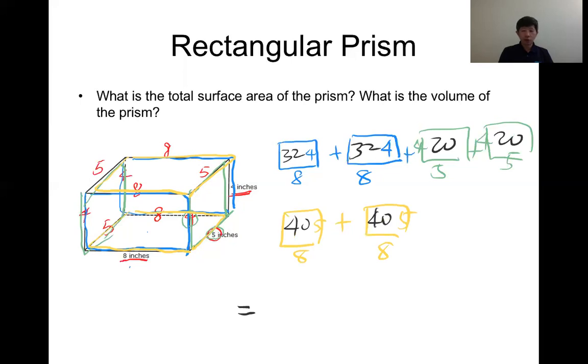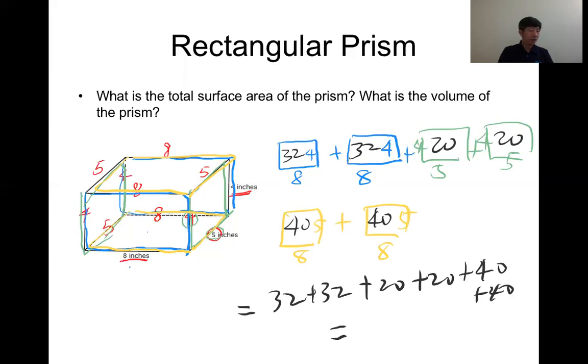So we have 32 plus 32 plus 20 plus 20 plus 40 plus 40 all together, and the total is 184 inch, right? Inch what?